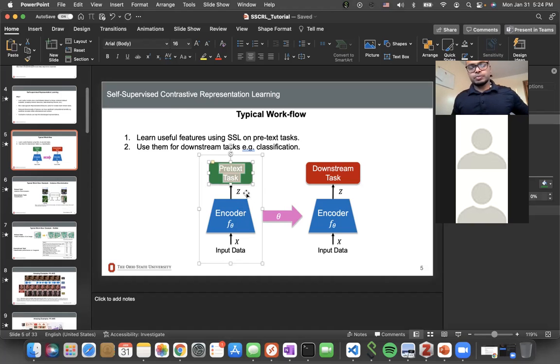Whatever feature you learn is dictated by the pretext task. But is there further refinement? Do you retrain your networks after? Yes, absolutely. Most of the time people do that.